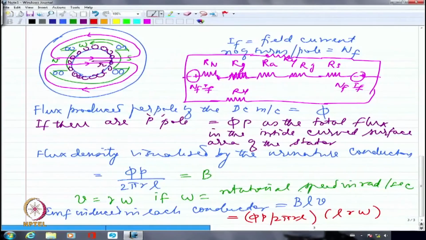Is that clear? Now I can cancel these terms, and I will get phi p by 2 pi into omega.